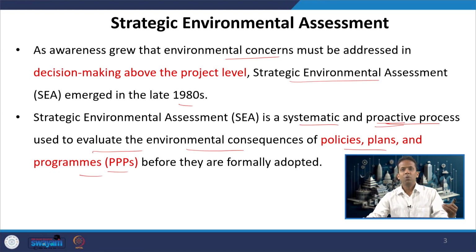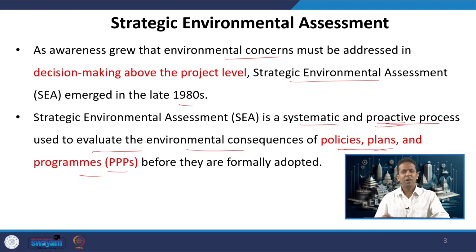Proactive means taking precaution before something wrong happens: if we could foresee the consequences and take action beforehand, that is a proactive approach. If there has been a consequence and then we need to fix that problem by coming up with a solution, that is a reactive approach, right?